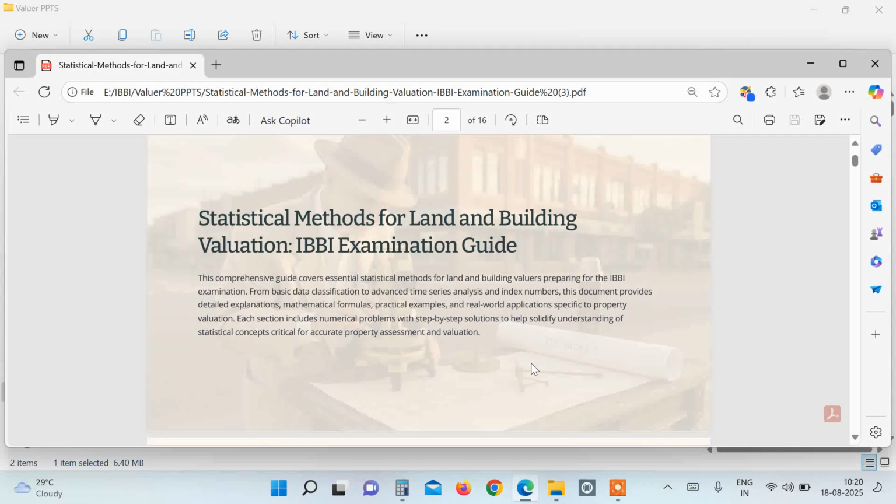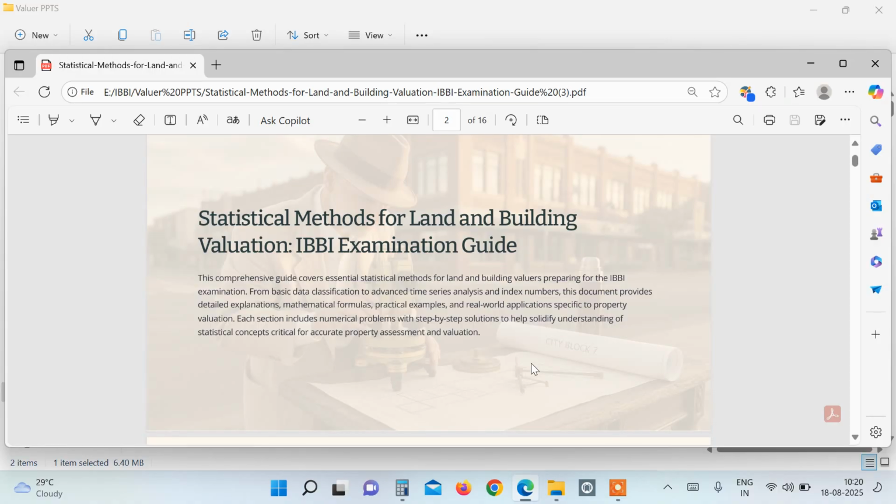In this video, we will discuss the statistical methods for land and building valuation, especially from an IBBI examination point of view. This comprehensive guide will cover the essential statistical methods for land and building valuers who are preparing for the IBBI examination, from basic data classification to advanced time series analysis and index numbers.